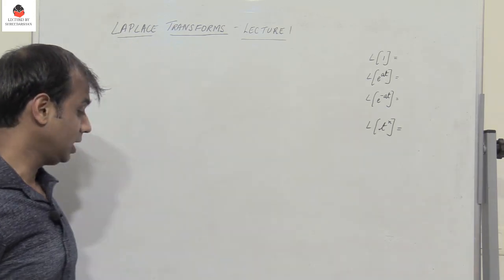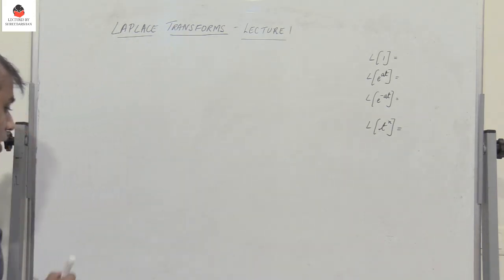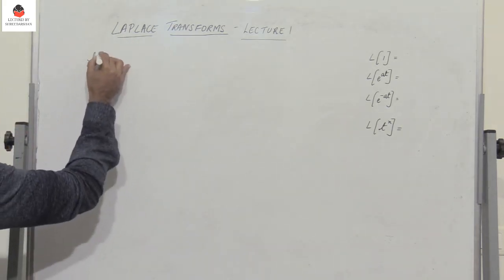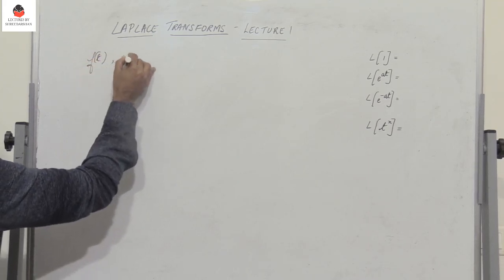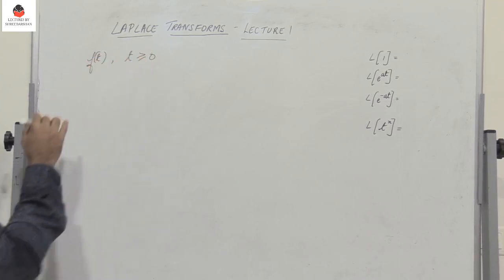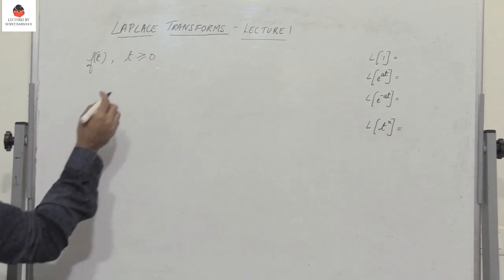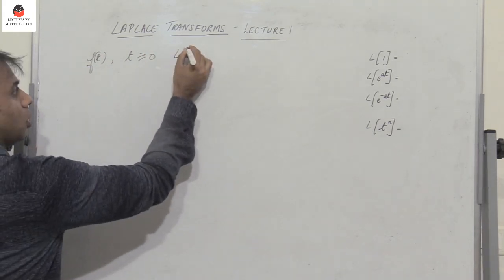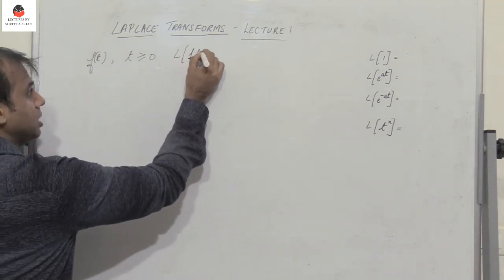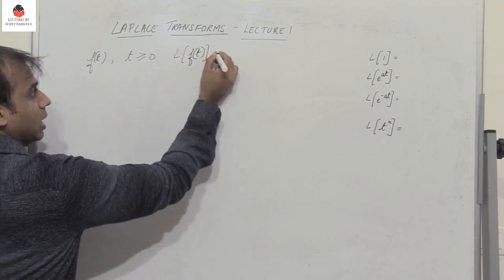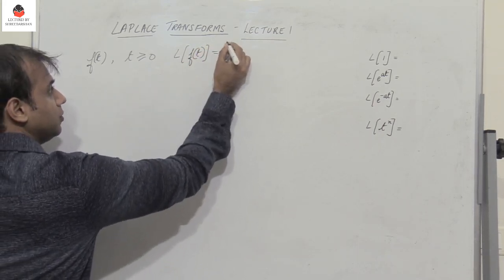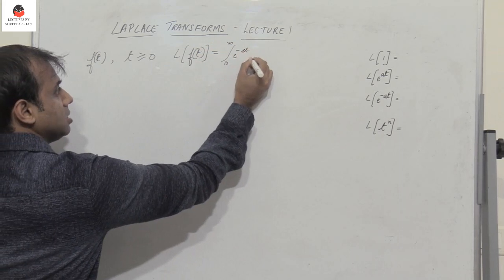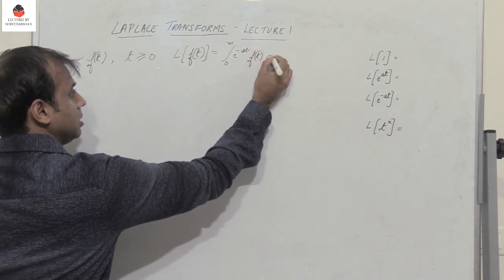Now, how do we define a Laplace transform? Now, if I have a function f of t which is defined for t greater than or equal to 0, then the Laplace transform of the function f of t is equal to integral 0 to infinity e power minus st f of t dt.